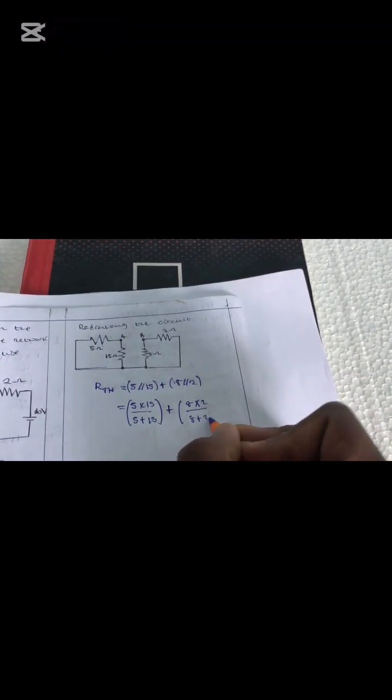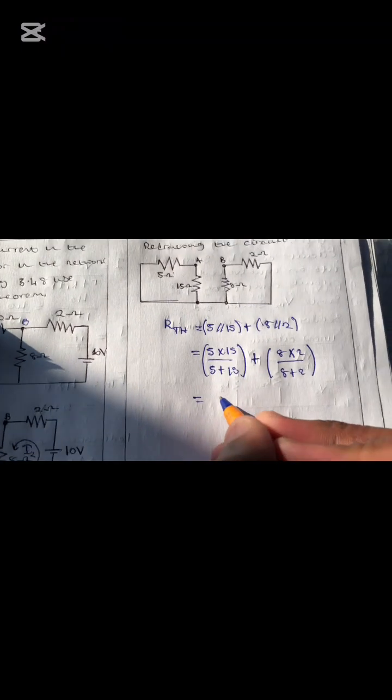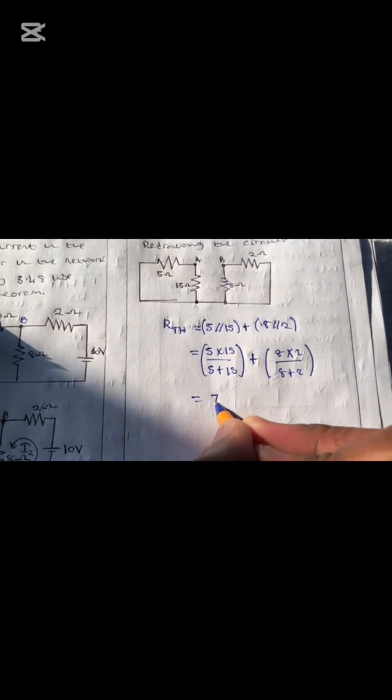plus 8 multiplied by 2 over 8 plus 2, which will be equal to 5 multiplied by 15. So 15 times 5, that's 75, and then we have 5 plus 15, that's 20.